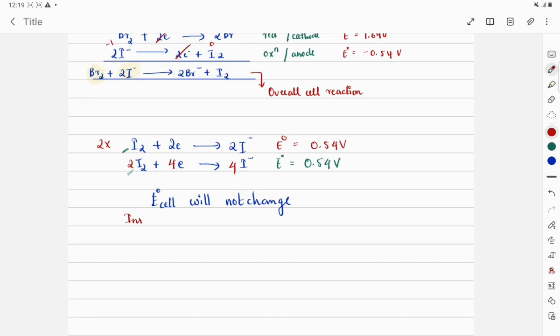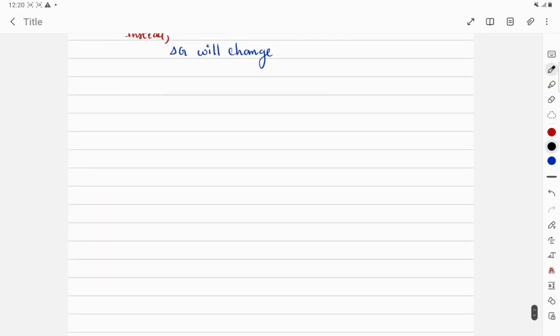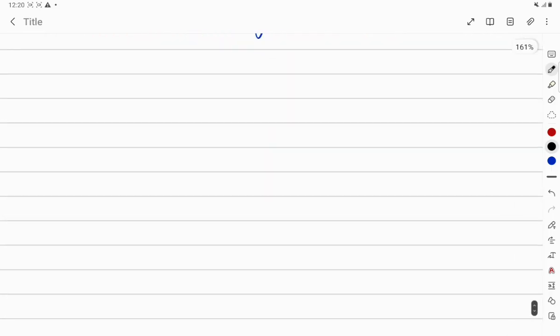Instead, what will change is delta G. The numericals regarding this type are a bit confusing but very interesting to do. So we can move on to that after we study this particular topic.